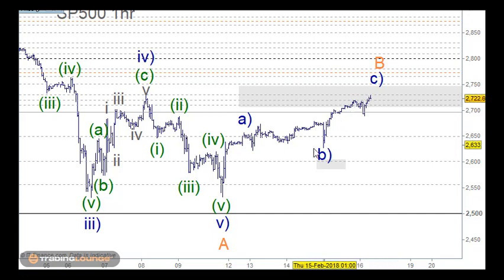Wave A normally has some sort of equality relationship with wave C, so I can see that that's in place. So realistically, we've got our correction. We're in our target zone, quite close. So we can expect a turn, so just be mindful of that.